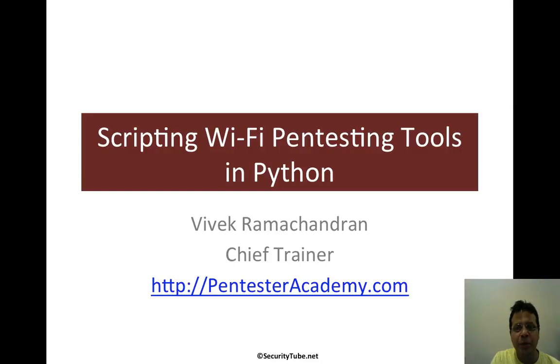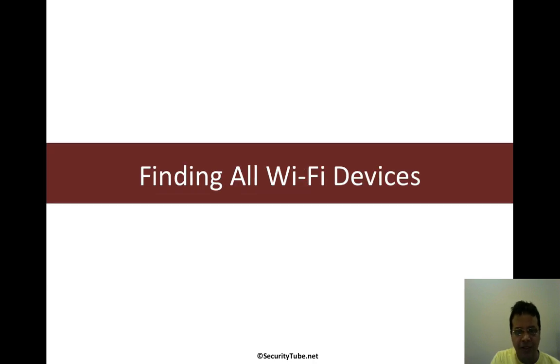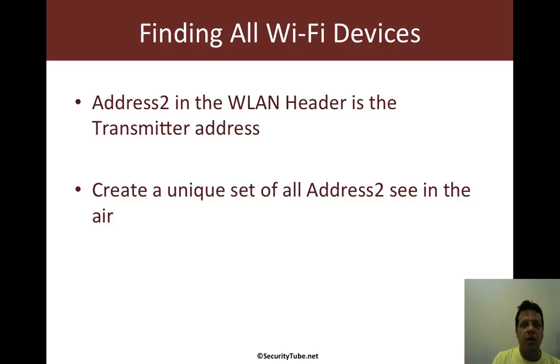Welcome to the Scripting Wi-Fi Pentesting Tools in Python series at Pentester Academy. Now in this video, let's create a simple Python script with which we can find all the Wi-Fi devices around. How would we plan to go ahead and do this?